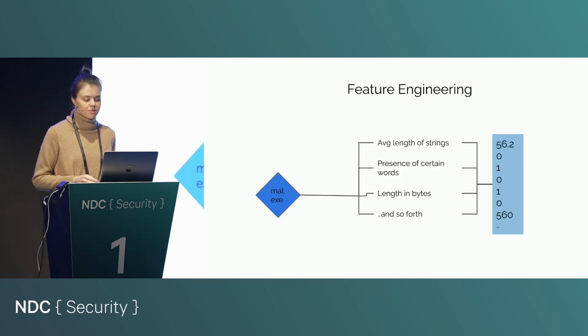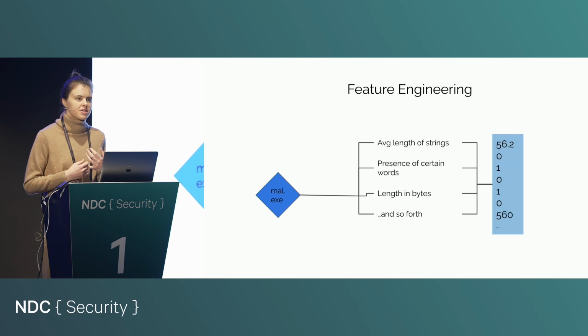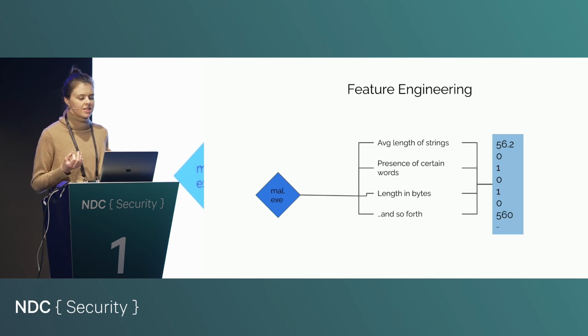What this means is we take our malware binary or our benign binary and try to figure out what interesting features could be calculated from it so that we could pass them into our model. And this is where the science in machine learning becomes more of an art, because it's not always immediately obvious which features you should compute for which problems, and there is no universal set of features that would be a good solution to any problem.